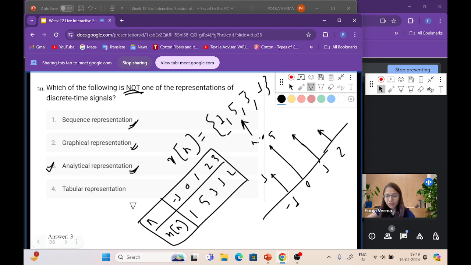So this is the tabular representation of a discrete time signal. The correct answer is the third one. Analytical representation is not possible for a discrete time signal.